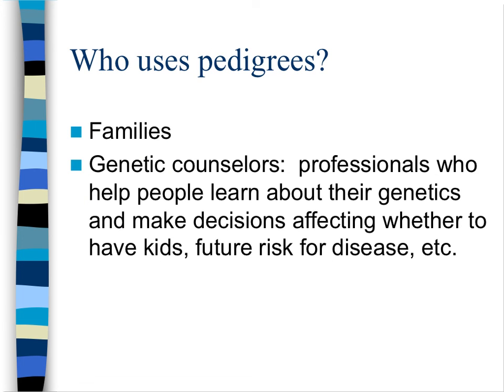Pedigrees are useful because they can predict the passage of disease through families. If someone knows that there's a hereditary disease in their family, like Tay-Sachs disease or Huntington's disease, pedigrees can help them assess the risk that they're going to pass diseases like that on to their children.